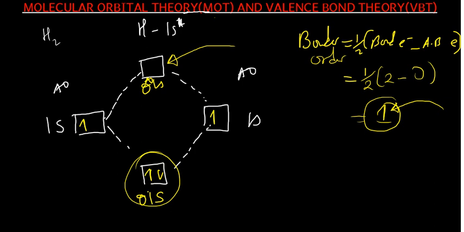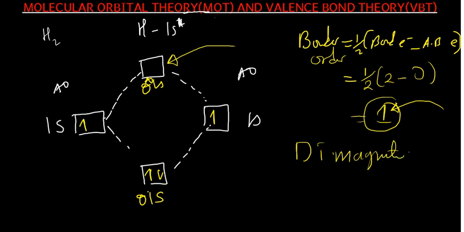It has been occupied fully. So there are 2 electrons. 2 means di. So the kind of magnetism here is diamagnetic. So in our hydrogen molecule, the bond order is 1 and the magnetic property is diamagnetic.